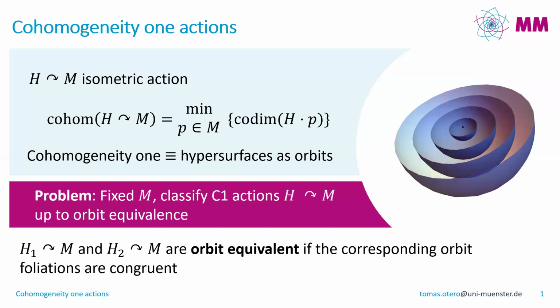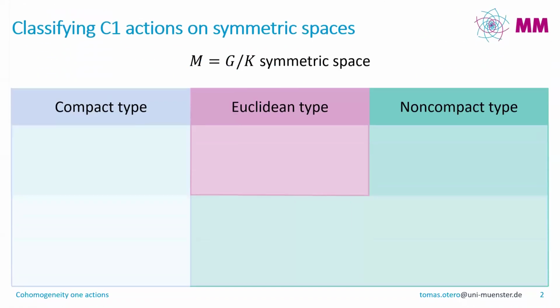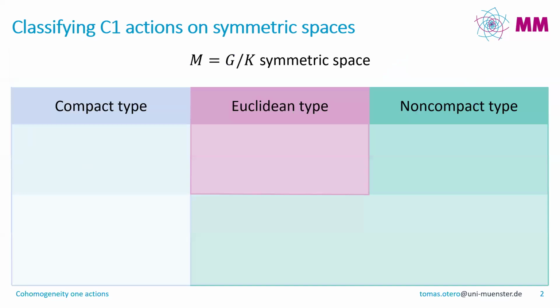Since we ultimately want to look at groups, it's always nice to know some information about the isometry group, and therefore Riemannian symmetric spaces provide an ideal testing ground in which to tackle this kind of problem. So throughout this talk, M will be, unless otherwise stated, a symmetric space G/K, where (G,K) is a symmetric pair.